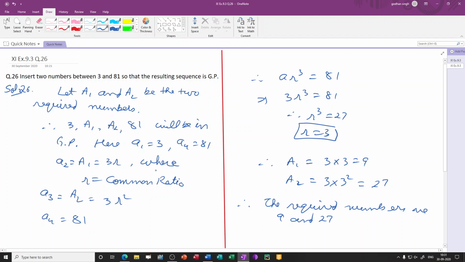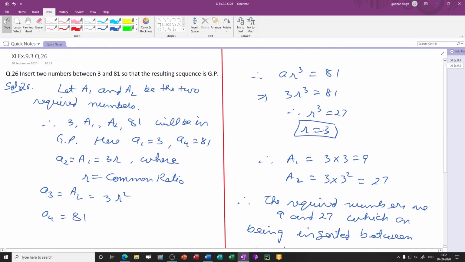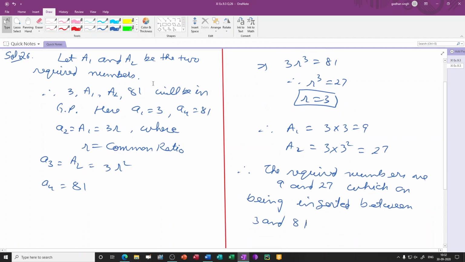which on being inserted between 3 and 81, insert two numbers between 3 and 81 such that the resulting sequence is GP.